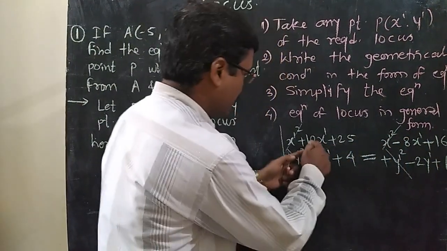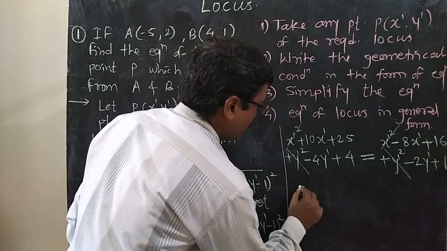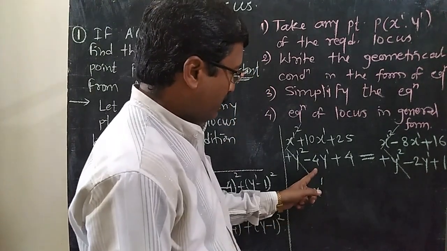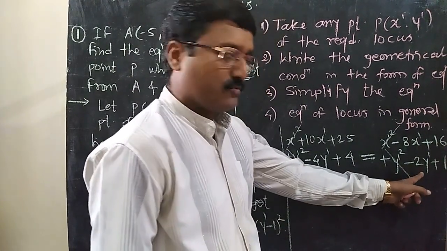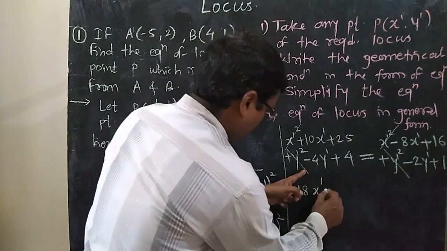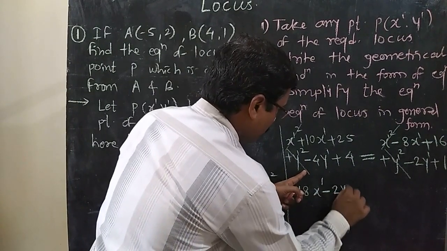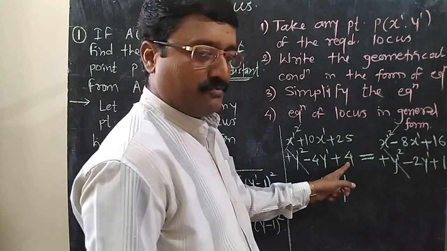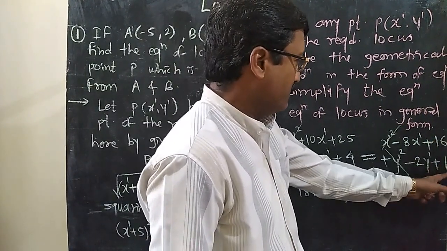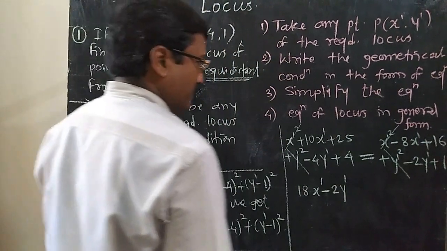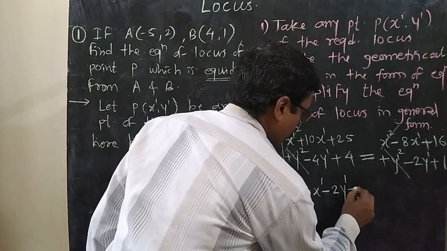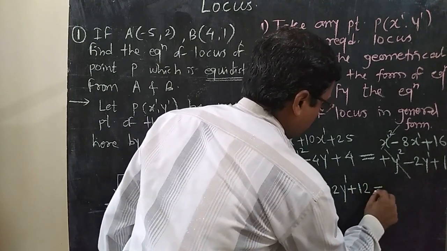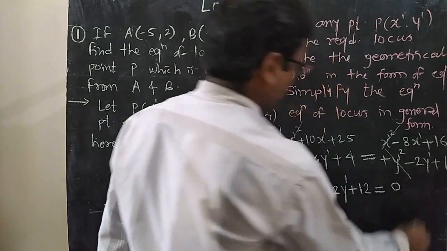Taking this to the left, we get 10 plus 8, that is 18x'. Here is minus 4y'. If you take this to the left, it becomes plus 4y', and with the minus 2y' on the left, hence we get 2y'. Here is 25 plus 4, that is 29, and 29 minus 17, that is 12, equal to 0.